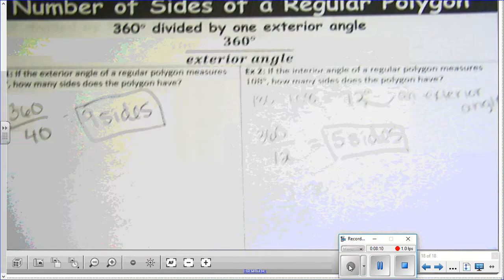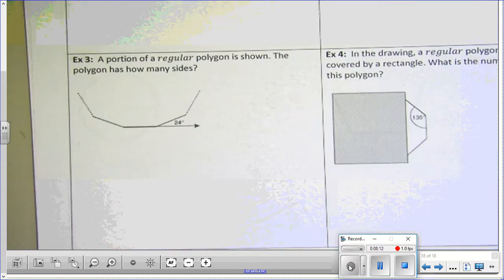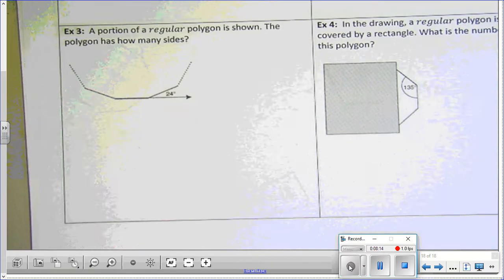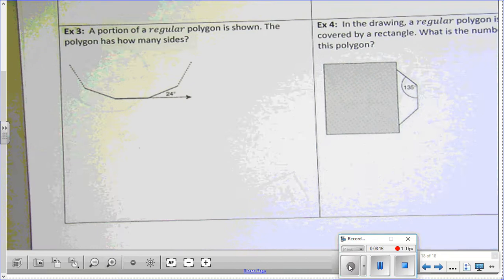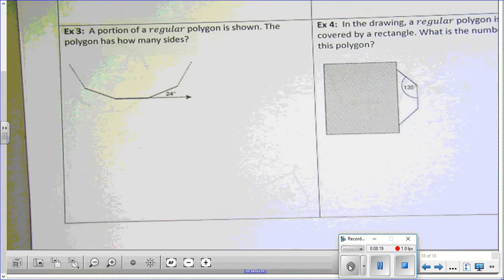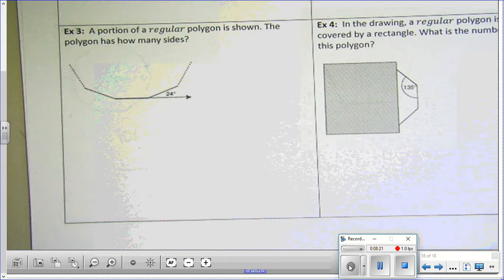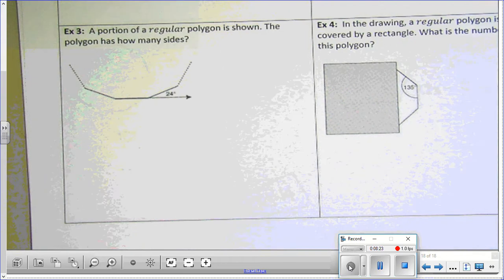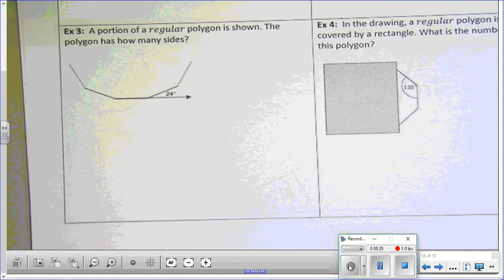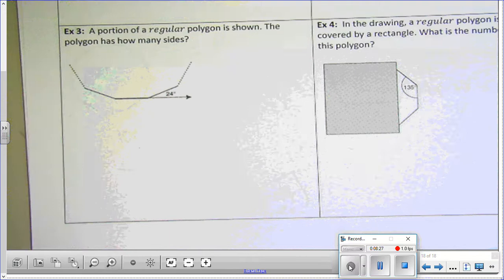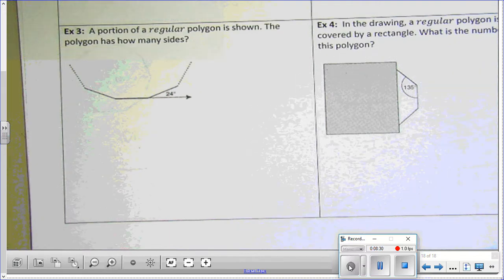And then in example 3, it's another way the SOL test likes to ask this question. They'll give you a picture that's not all the way drawn and ask how many sides the polygon has. But if you look at this picture, what did they give you? You have an exterior angle.